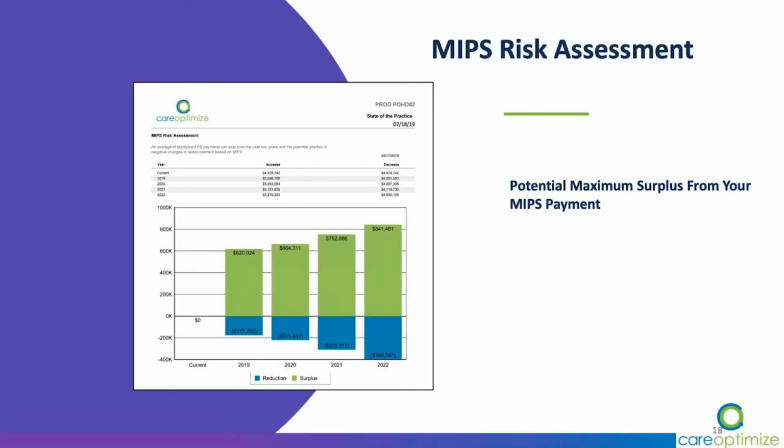Moving into the MIPS risk assessment, again, for practices that have Medicare Part B patients or are participating in MIPS at all, it's important to know how much of a surplus you stand to gain from your participation, right? MIPS is a value-based payment adjustment for Medicare Part B claims.